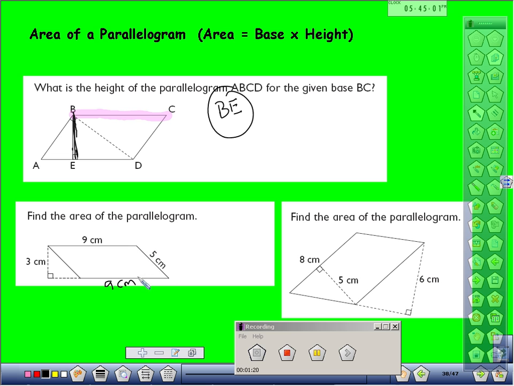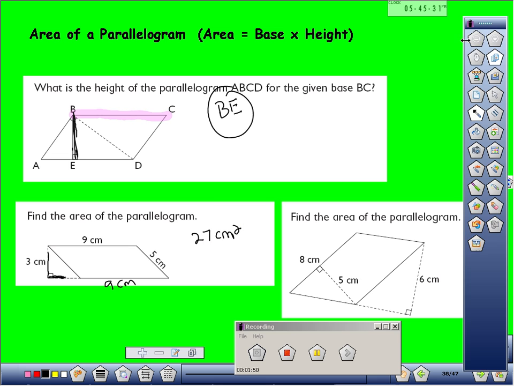That line is not perpendicular. Perpendicular means they make 90-degree angles. That's an acute angle, and an acute angle is not 90 degrees. But if you go out here, that's a 90-degree angle. So the base is 9, the height is 3. 9 times 3 is 27 centimeters squared. And that would be your answer.